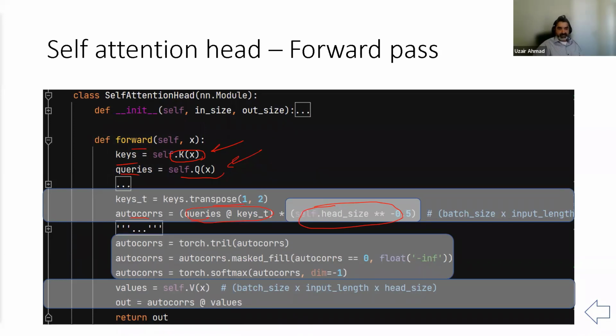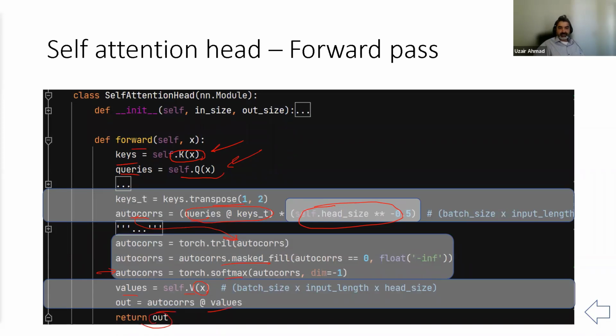But to keep the thread unidimensional, we took this autocorrelation, masked the future, and applied softmax to have a valid probability distribution for every word's affinities with other words. We passed the same X, the input, through value, got our values, and multiplied values with autocorrelations. This is the output. Where do we need this output?